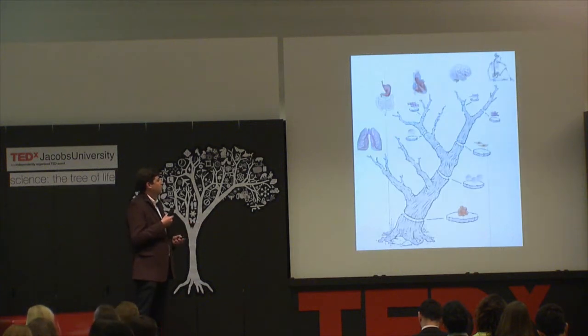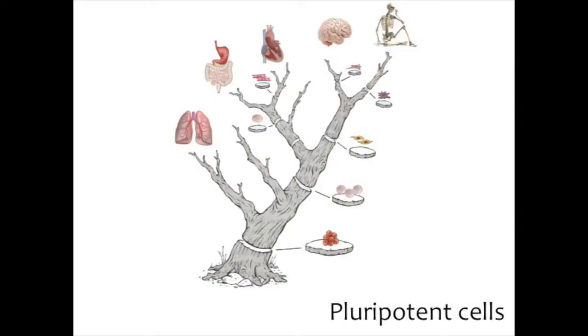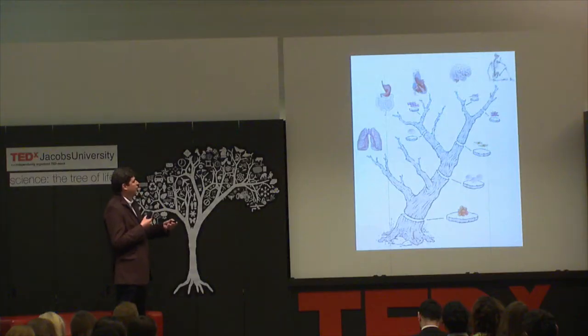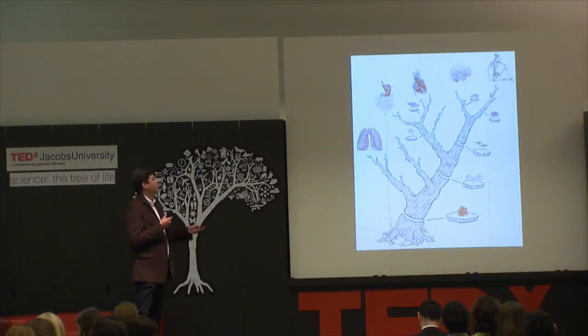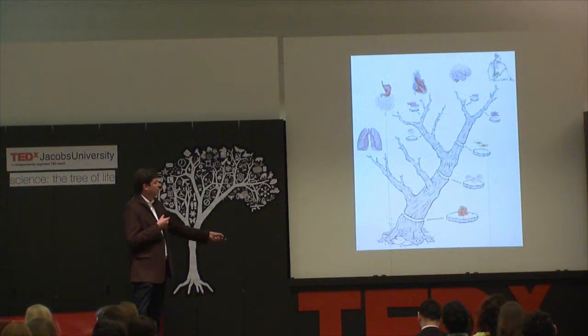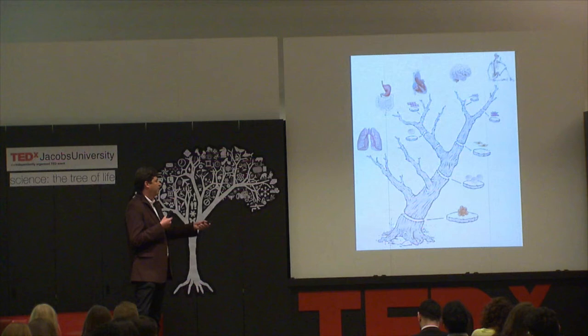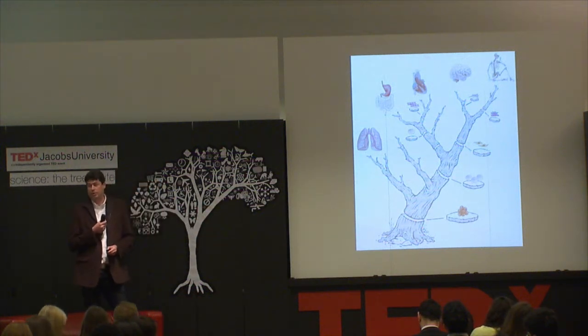An easy way to illustrate that is to think about a tree. When the tree develops, it forms branches, and these branches gradually develop into differentiated cell types. So not directly from the pluripotent cells at the bottom to blood progenitors, heart progenitors, brain progenitors, but a gradual process of differentiation.